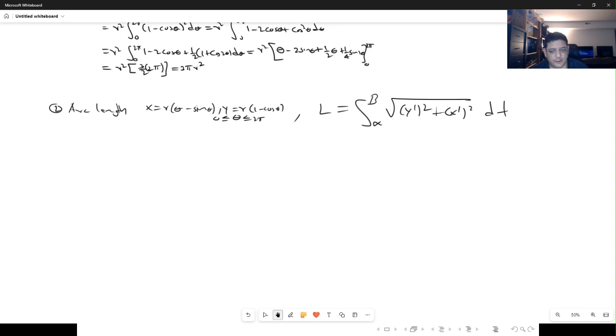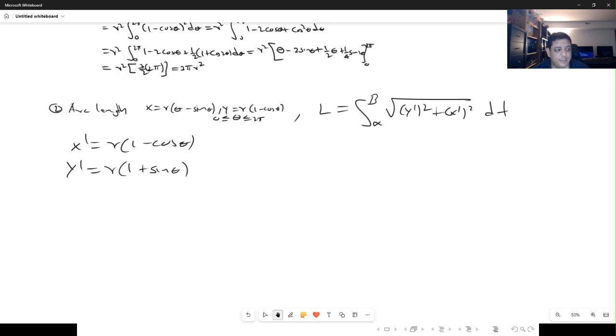Then we can find out first what the derivative is going to be in each of these cases. So first, notice that we have that x prime is r times 1 minus cosine of theta, and of course y prime is going to be r times cosine, the derivative is minus sine, so this is going to be plus sine of theta.